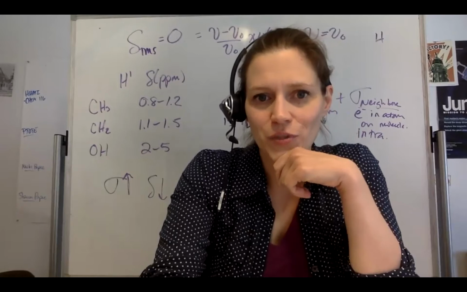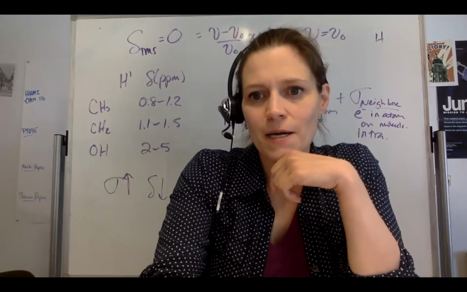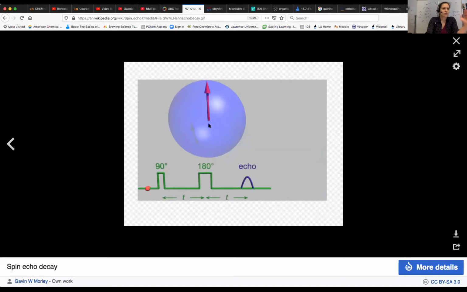It's all about controlling the spin states, when you've got nuclei going in one particular direction or in another, or I should say the magnetic spins of those nuclei going in one particular direction or another.